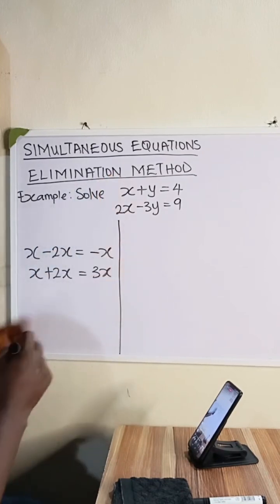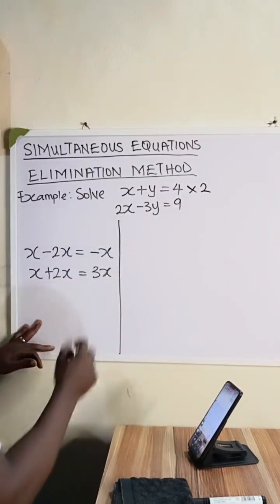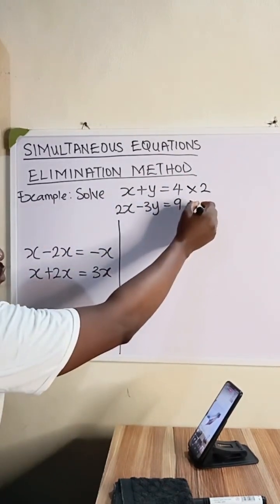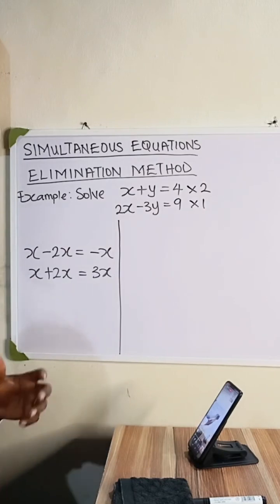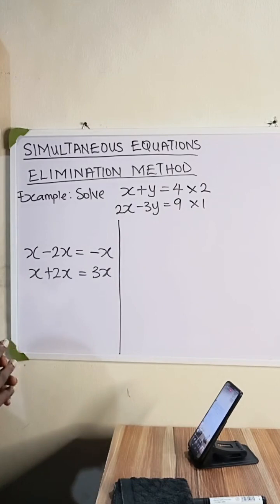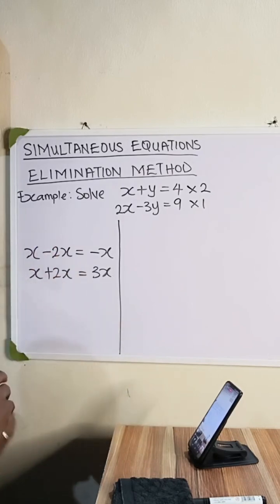So for us to make it equal, we are going to multiply equation 1 by 2 and equation 2 by 1, because we want to make the coefficients the same. That's our target. Therefore, we multiply equation 1 by the coefficient of x in equation 2 and equation 2 by the coefficient of x in equation 1.